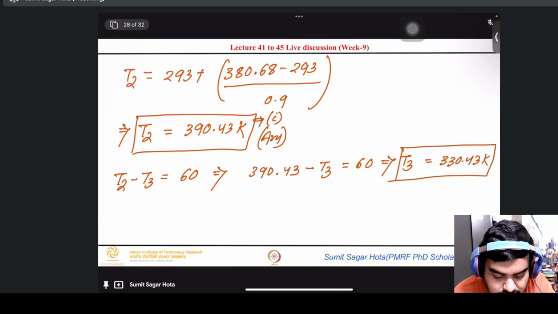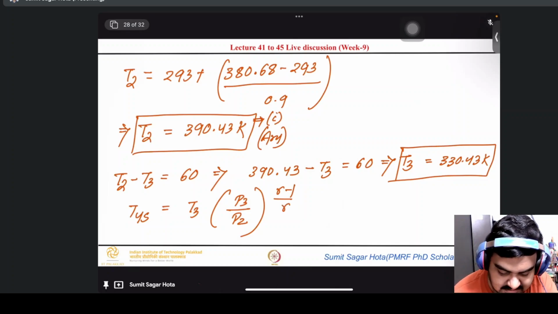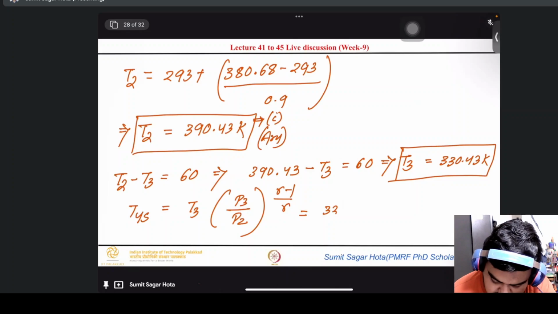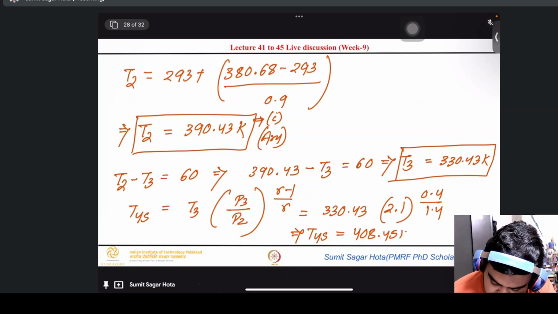So let's go for T4s. What is T4s? T4s is T3 into (P3 by P2) to the power (gamma minus 1) by gamma, that is 330.43 into 2.1 to the power 0.4 by 1.4. So T4s is 408.45 Kelvin.